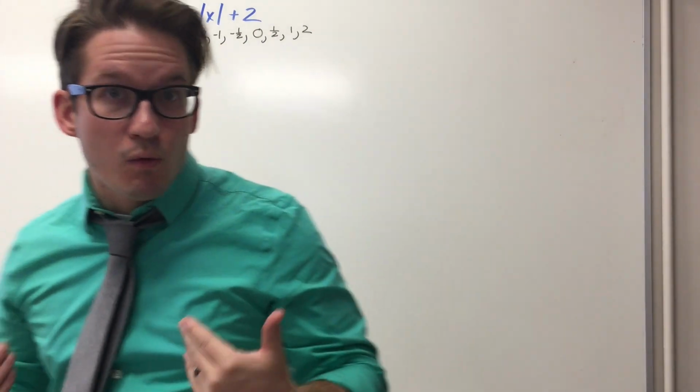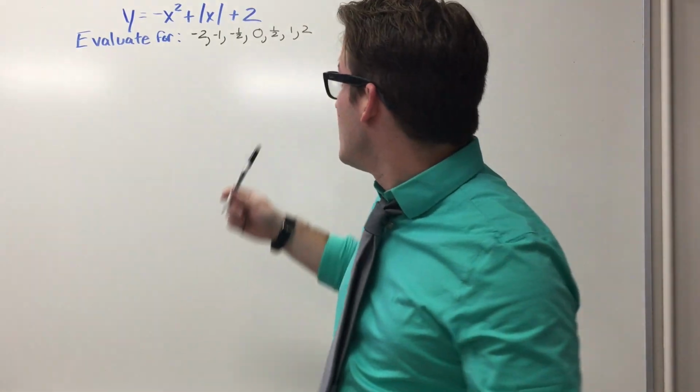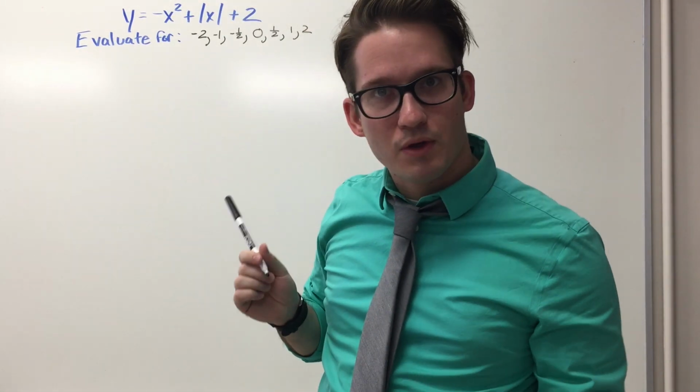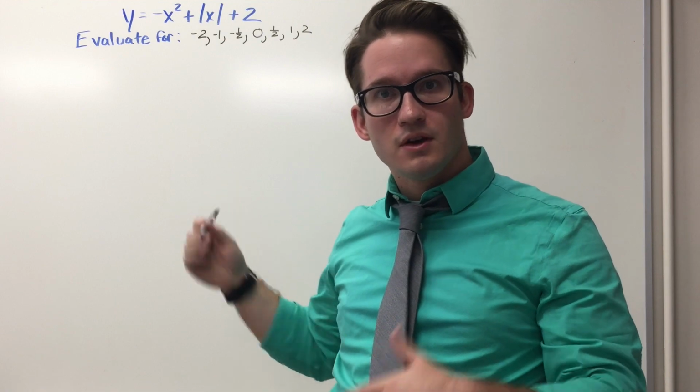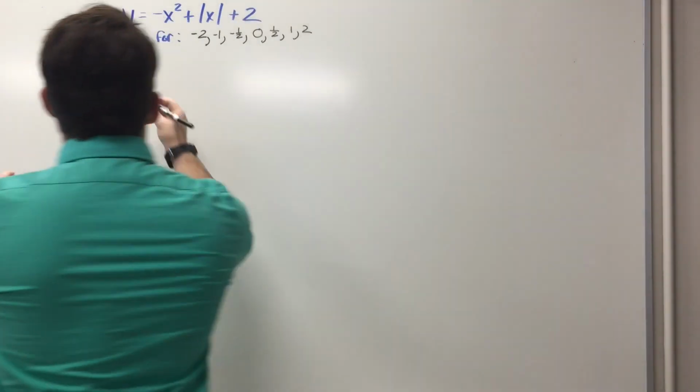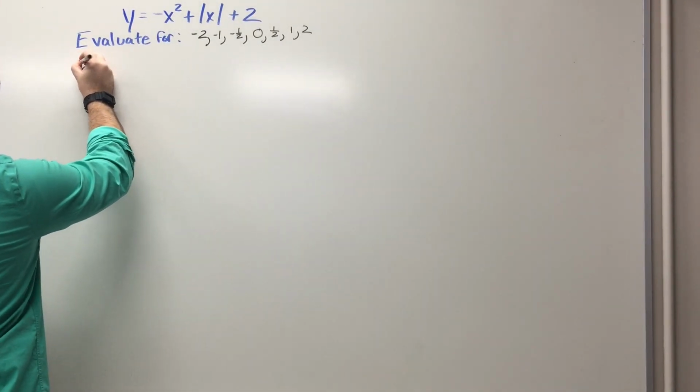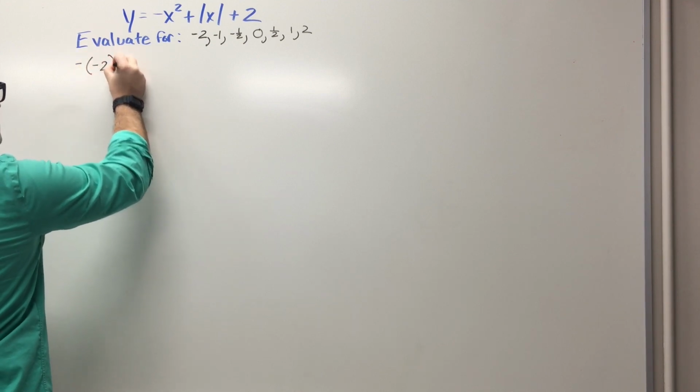So for me, when I'm trying to do this, I make sure that I put parentheses around my numbers when I'm plugging them in. So let's go through it step by step, and we'll see where our values are. So I plug in first -2, use parentheses.